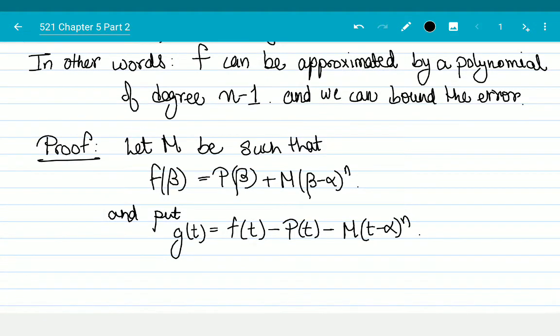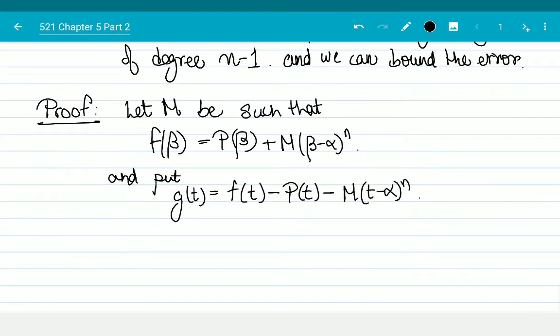So basically I am looking at a function g(t). I want to find when it's 0. When it's 0, that would be exactly saying f(beta) equals this, and I know this function is 0 at beta.